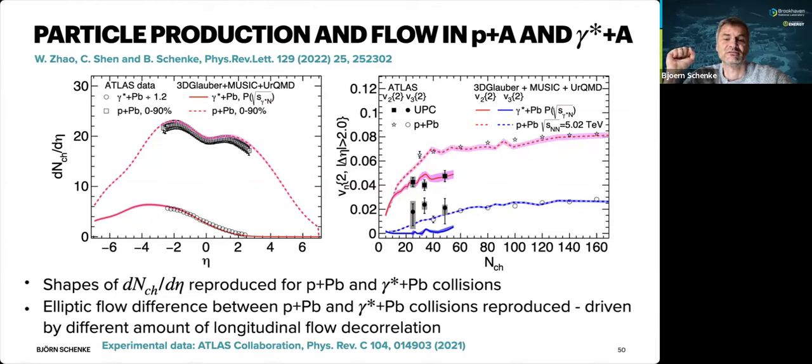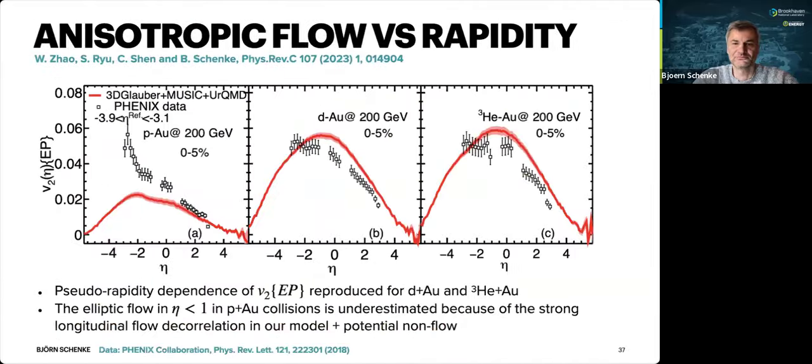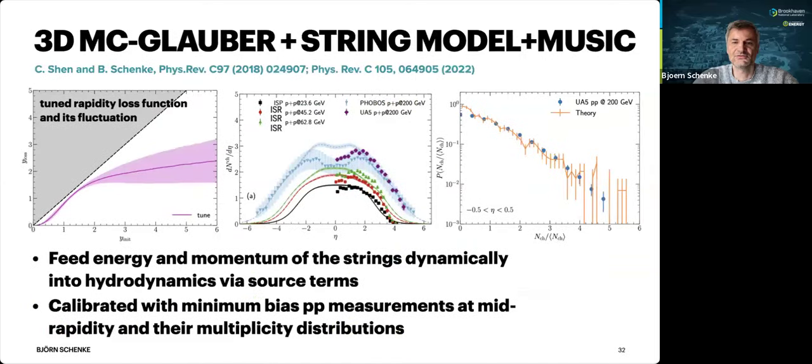I had only shown this model here for RHIC originally, right? I only showed the system scan. But actually there we also used PP. So as I said, we kind of tuned things to proton-proton. So the proton-proton multiplicity distribution here on the right, and then the rapidity distributions. We don't have proton-proton VNs at RHIC.